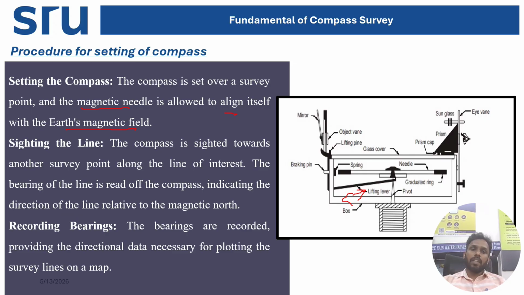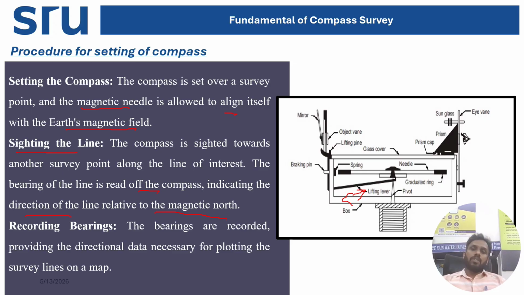Then you have to sight the line using your object vane and your eyepiece. You first focus your object vane towards your object point, towards your line or a second survey station. Then you fix your line exactly on top of that. The bearing of a line is read off the compass, indicating the direction of the line relative to the magnetic north. Your magnetic needle is always suspended, right?